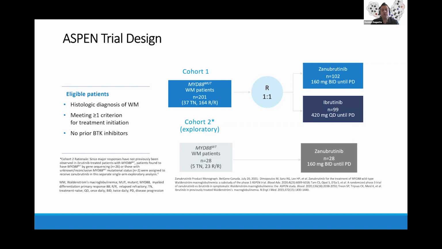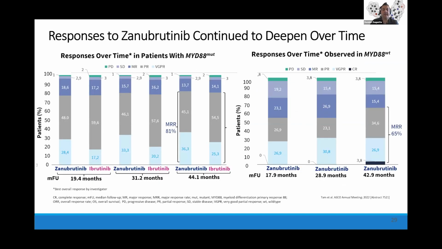So there were two cohorts. In one, we were testing the MYD88 mutations, but I said the MYD88 wild type did not respond well to ibrutinib. So there was an arm to see if zanubrutinib would work, but it wasn't compared because it would be unethical to give ibrutinib.